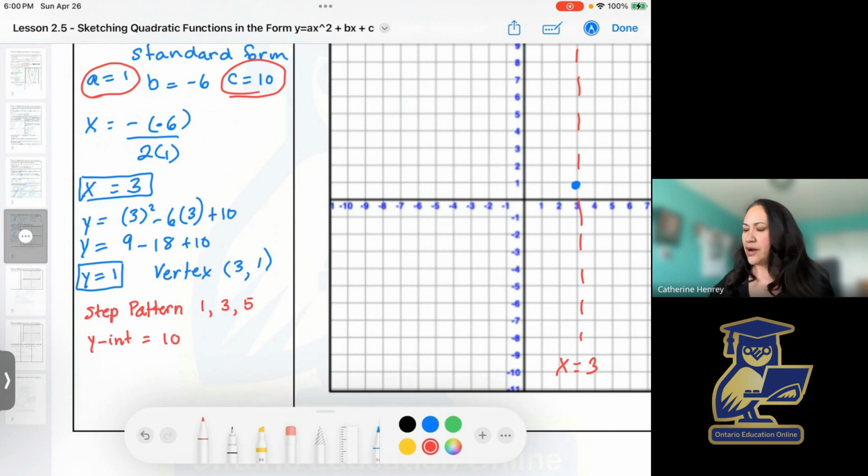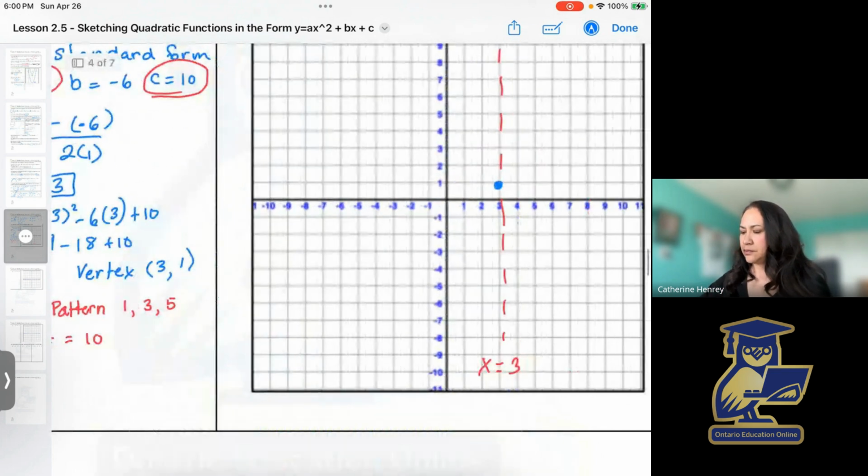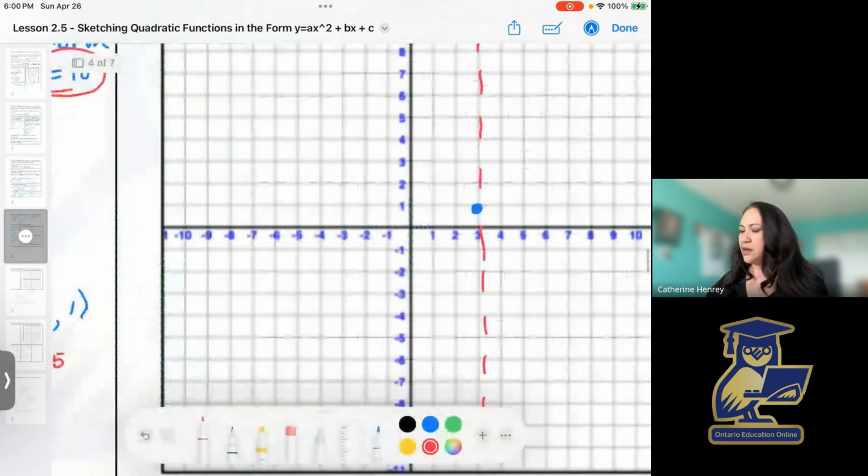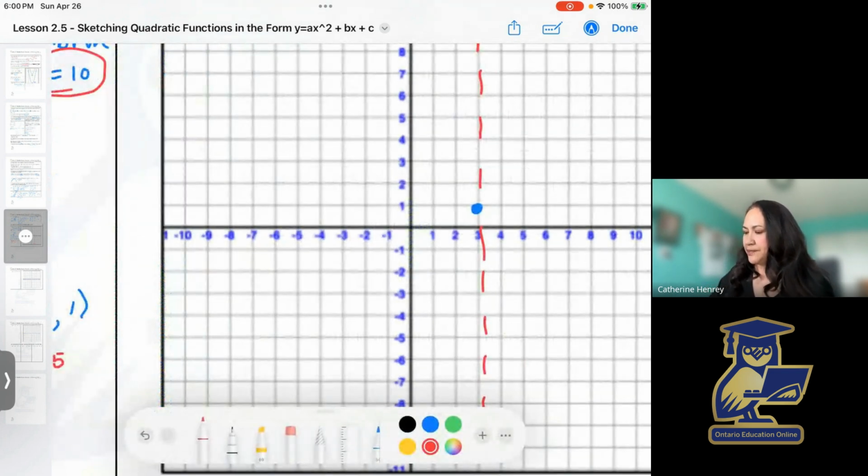So let's go to our graph. I'll zoom in here a little bit. Maybe we'll use the step function. All right, so the step pattern should be 1, 3, 5. So if I go over 1, I should go up 1. And I'll put a point there. And if I go over 1, I should go up 3.